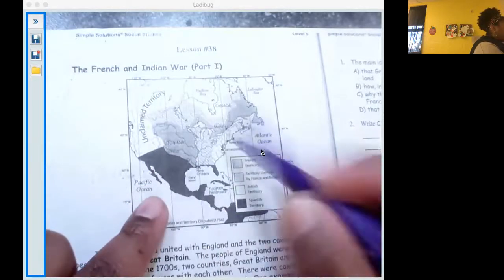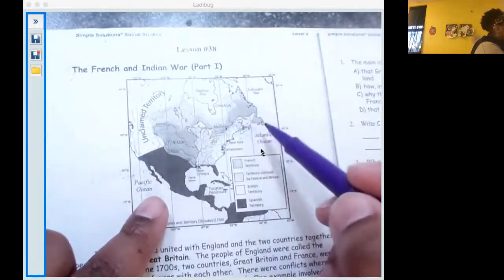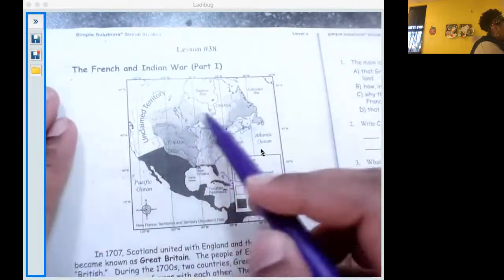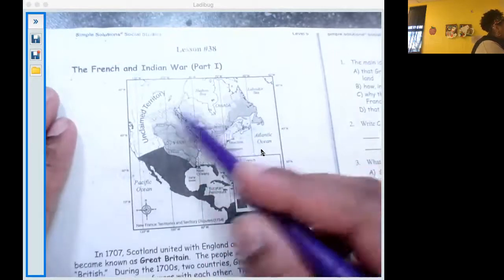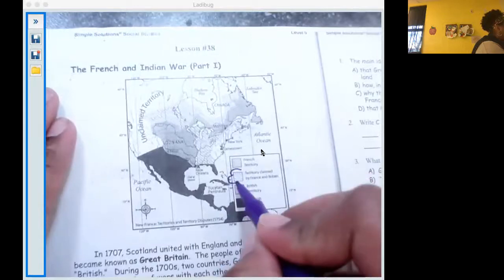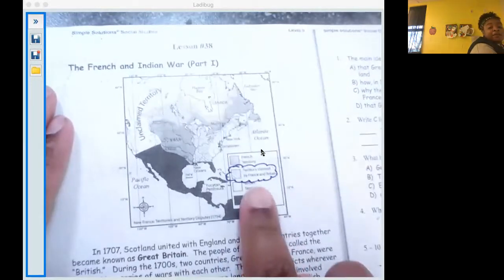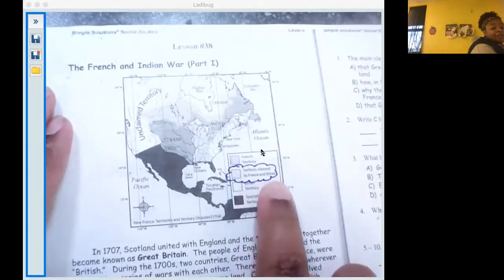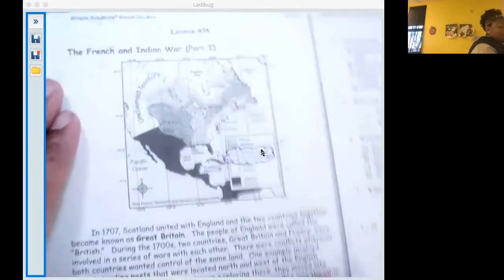Okay, then the British had land, the French had land, but if you notice this little diagonal striped section, here's where we get into some conflict. This was land claimed by the French and the British, okay? Two countries can't own the same piece of land, so keep that in the back of your mind.